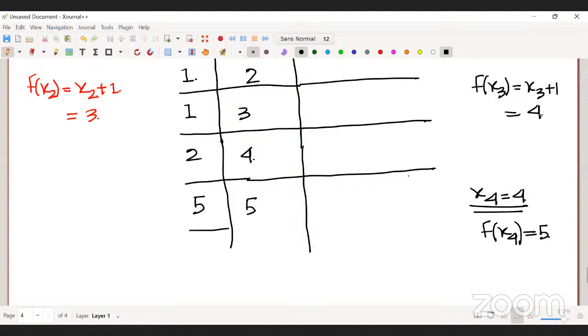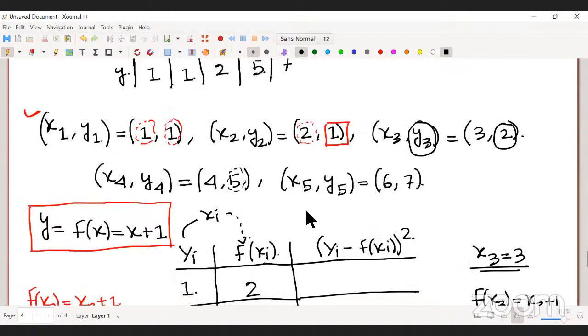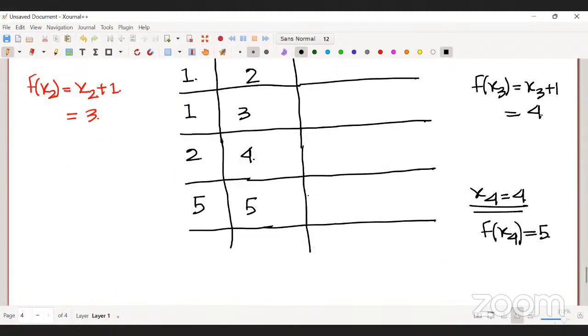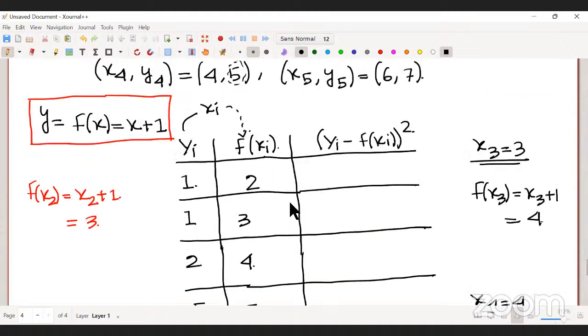The last pair of data is x5 and y5. y5 is 7 and x5 is 6, so f of x5 is x5 plus 1, which is 7. Now I have computed yi and f of xi.